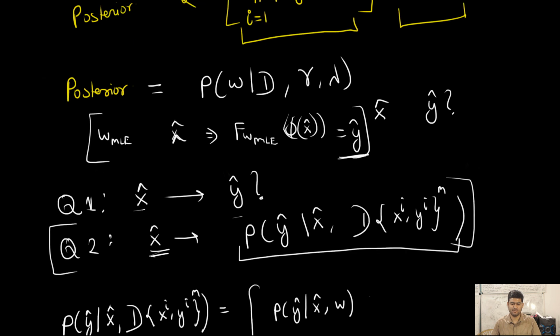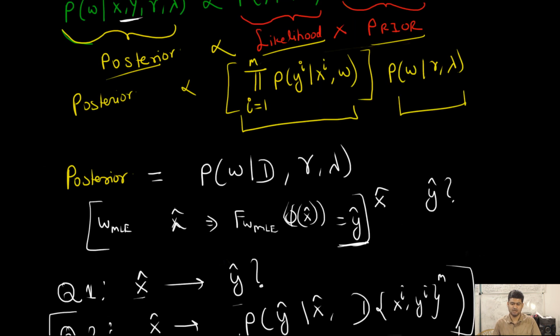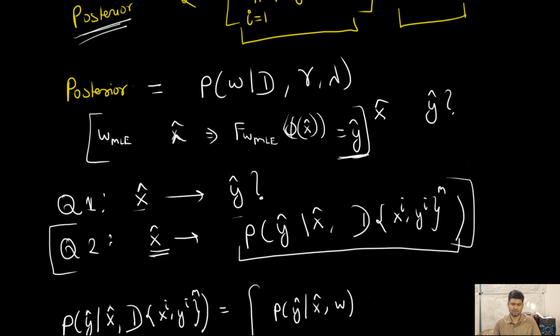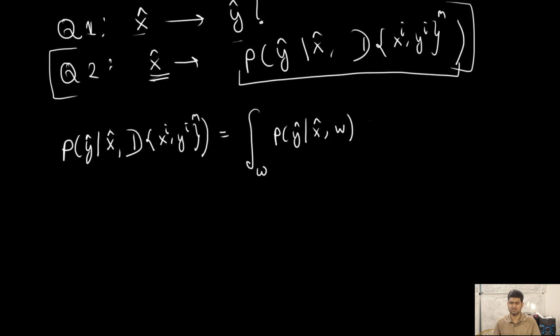Here we will make use of this posterior distribution. From the data set we computed the posterior distribution of w. So now we can use this posterior distribution of w, P of w given the data and the hyperparameters gamma and lambda, and we can integrate it over w.